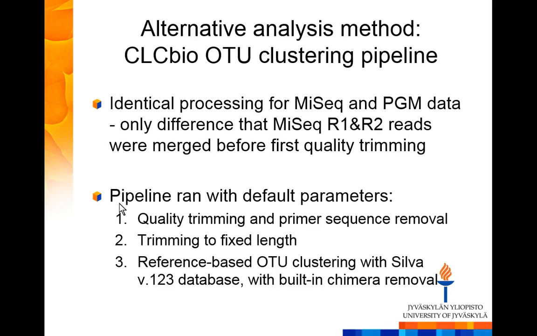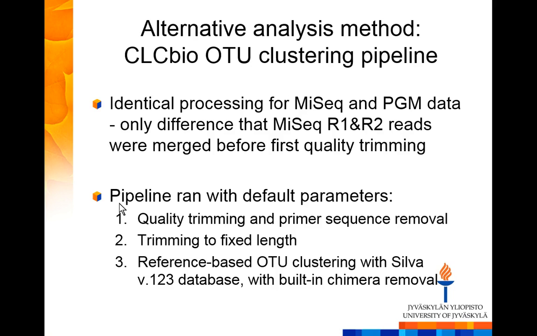But yeah, I processed both MiSeq and PGM data in exactly the same way. The only difference was that for the MiSeq data, the two reads from different directions, R1 and R2, were merged before the first quality trimming. And I used the default parameters. There are quality trimming parameters, and I used the default versions: trimming to a fixed length based on automatic determination of the length.